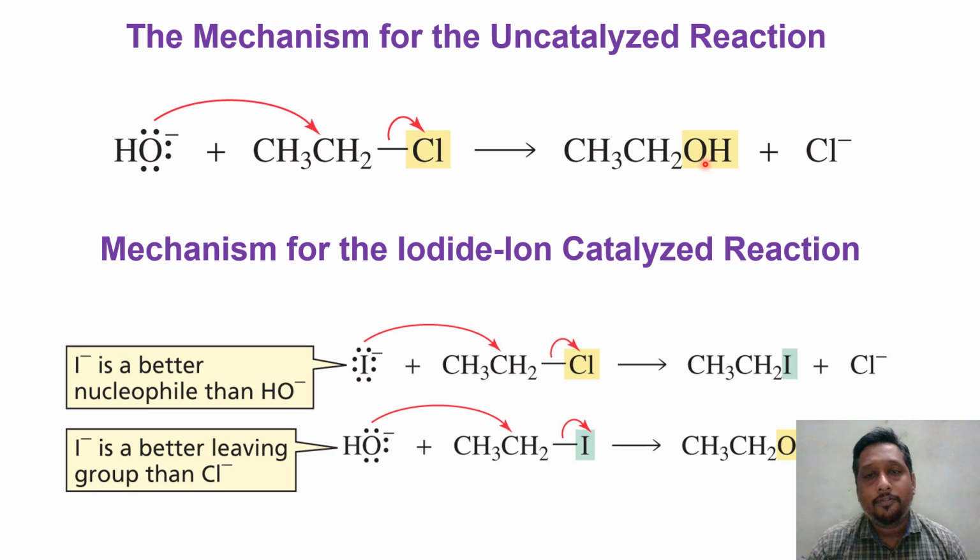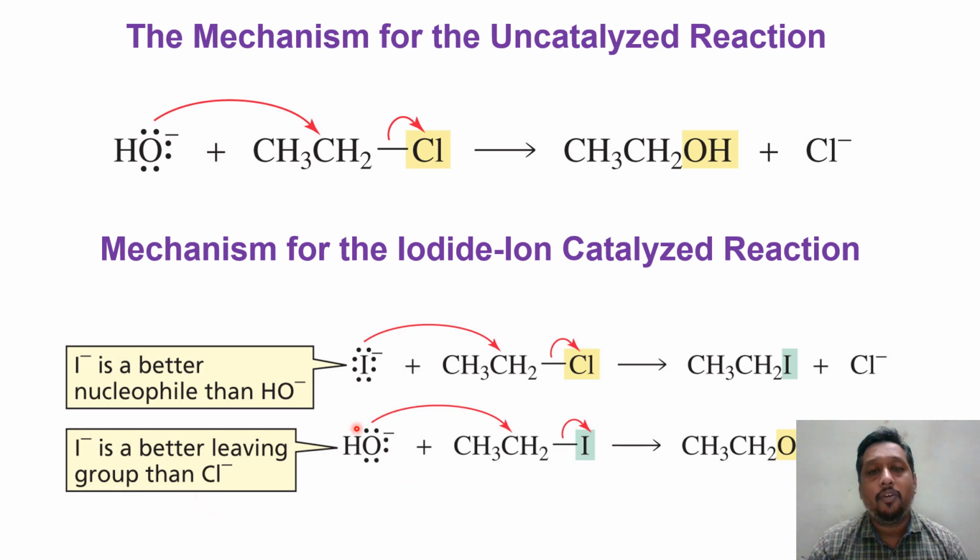So what if the nucleophilic catalyst is present in this reaction? I minus is a nucleophilic catalyst which is also a better nucleophile than OH minus, and will initiate the reaction by typical SN2 displacement to provide ethyl iodide as a reactive species. Next, we all know I minus is a better leaving group than Cl minus.